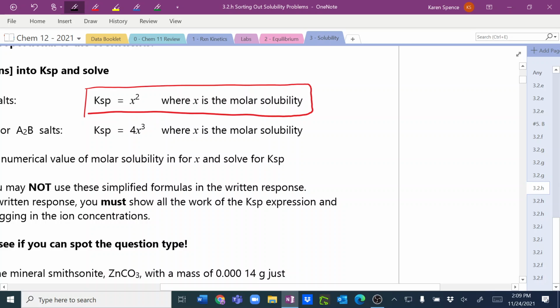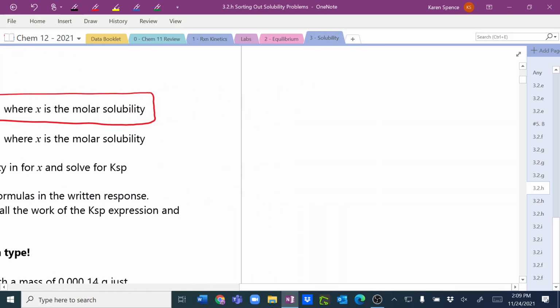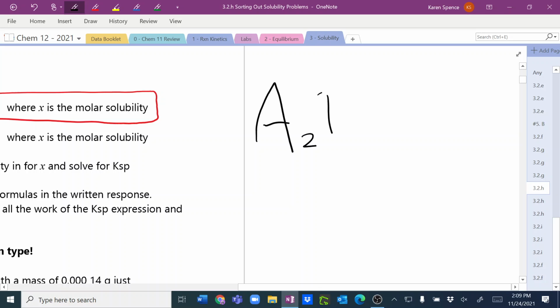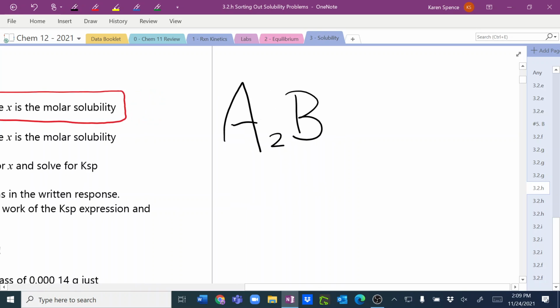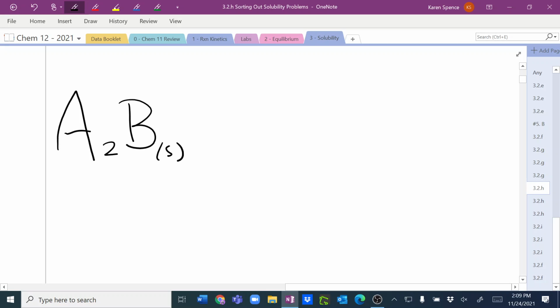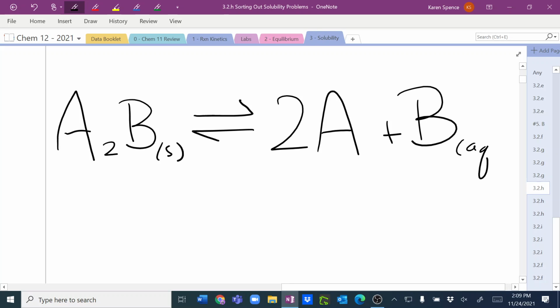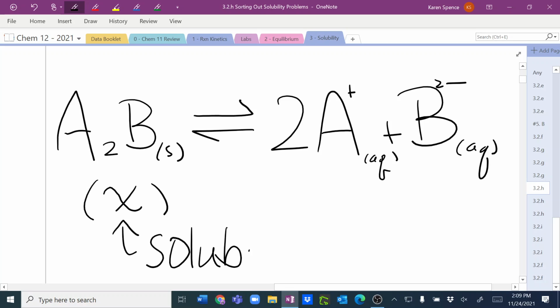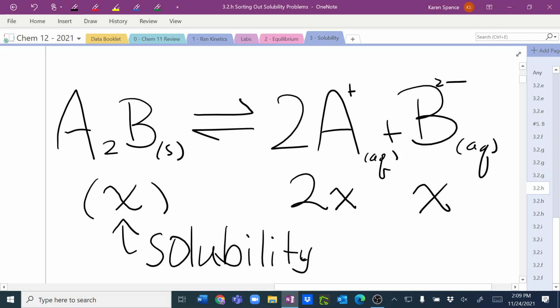If you have a compound that's A2B, and it's in equilibrium with 2A plus B, and if the solubility is X, then that means that 2A is going to be 2X and B is going to be X.